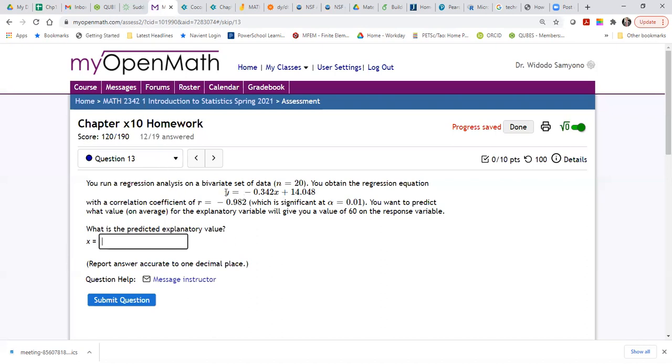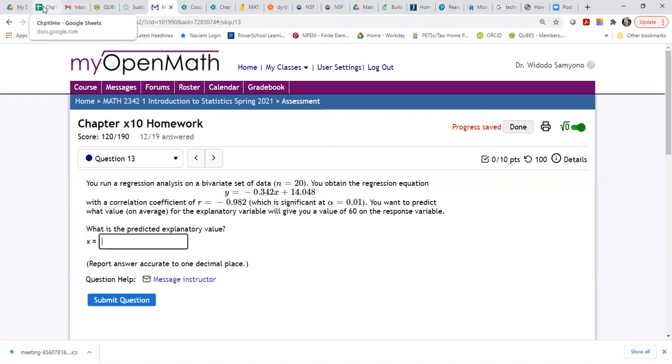So that means you need to subtract the intercept from y and then divide by the slope, right? You can see in the formula here, it's the response variable subtracted by the intercept and then divided by the slope, right?